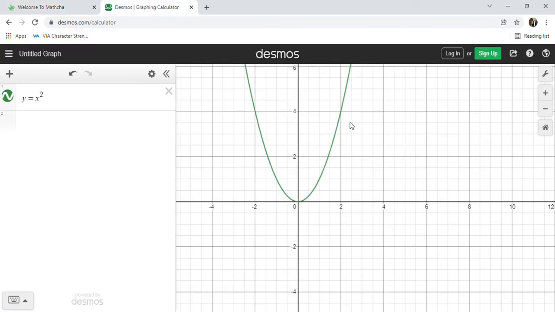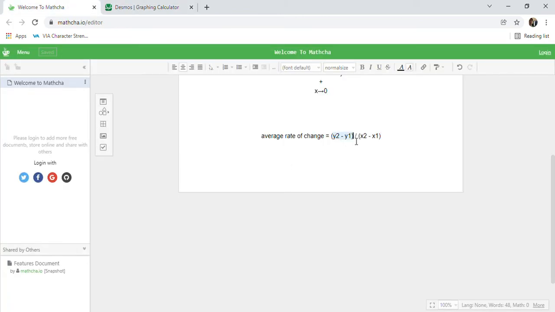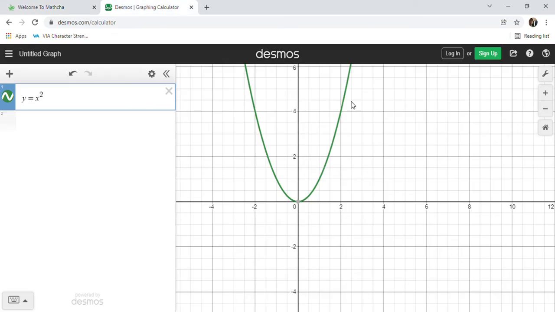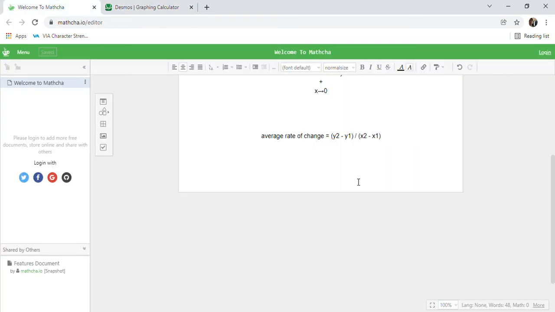And that makes sense intuitively, because y2 is 4, y1 is 0, 4 minus 0 is 4. And then x2 is 2, x1 is 0, 2 minus 0 equals 2. This is just rise divided by run. That's exactly what this is. And that's how I can calculate the average rate of change, the average slope.